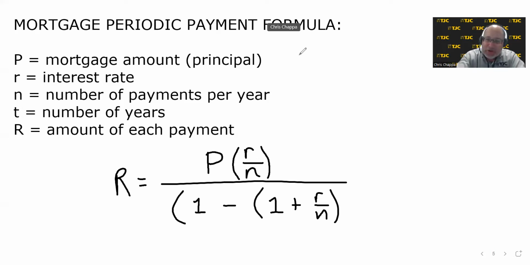And in the exponent, we have in parentheses negative N times T. We'll close the parentheses on the exponent, make the fraction bar a little bit longer, and then one more set of parentheses to close off the denominator.